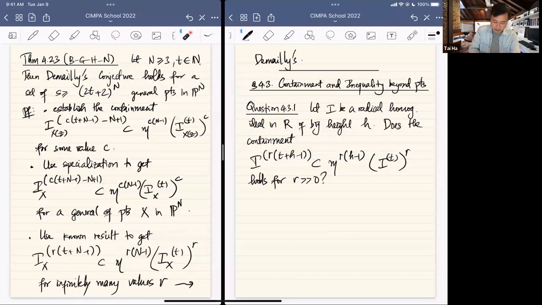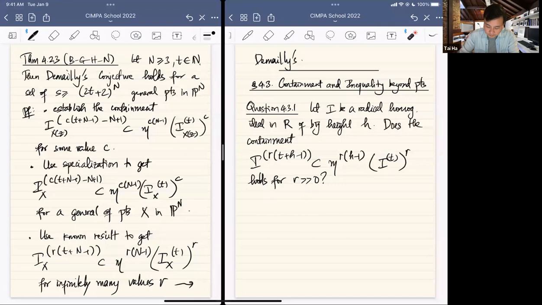You see that it's very much the same as this containment, except now instead of having n, we just have the big height h. So this is a generalization of the Hochster-Huneke stable containments. And here, instead of looking at a radical homogeneous ideal in a polynomial ring, you can also state the same question for any radical ideal in any regular local ring. So if you are more comfortable with local rings, you can also state the question in that context.